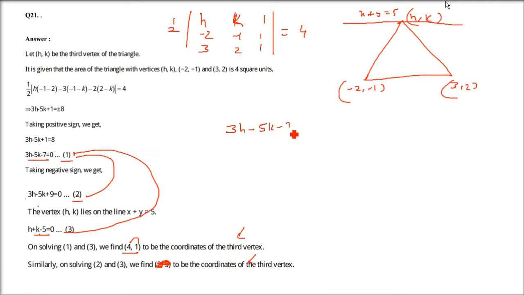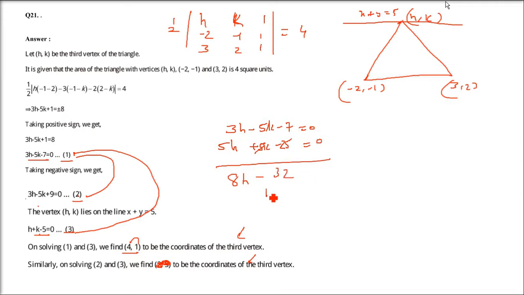So let me just solve it. So I'm taking 3h minus 5k minus 7 and h minus k plus h plus k minus 5. Multiply both sides by 5. So you get 5h plus 5k minus 25 equals 0. This gets cancelled. This is 8h and this is minus 32.